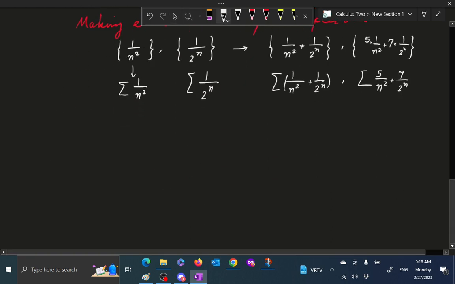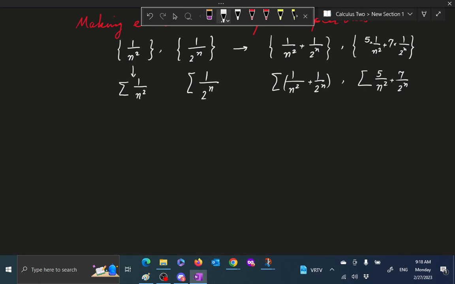So if I have one series which is indicated by the sum of a sub n, like that one, and then I have another series which is indicated by the sum of b sub n, I might care for creating a linear combination of these two by saying multiply the first one by some number, let's call it r, and take the second one multiplied by some number, let's say t, so that it wouldn't be misconstrued.